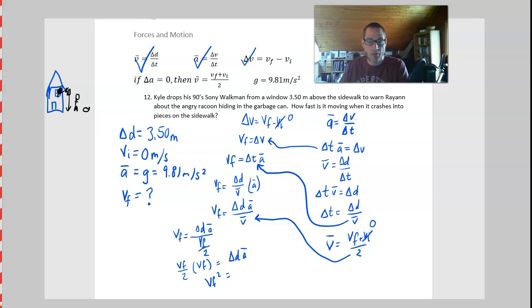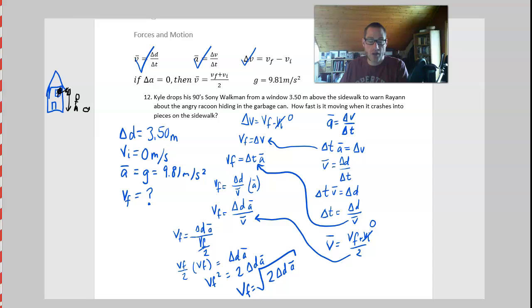And if I multiply both sides by 2, then you're going to have 2 delta D A bar. So I did 2 steps there in one. Hopefully that was not too bad. I can see I'm going on a bit of an angle here, but it should be alright. The last thing I would do is to get it so it's just VF. If we take the square root of both sides, VF is the square root of 2 delta D A bar. Okay, awesome. That is the actual equation we're going to use to solve.